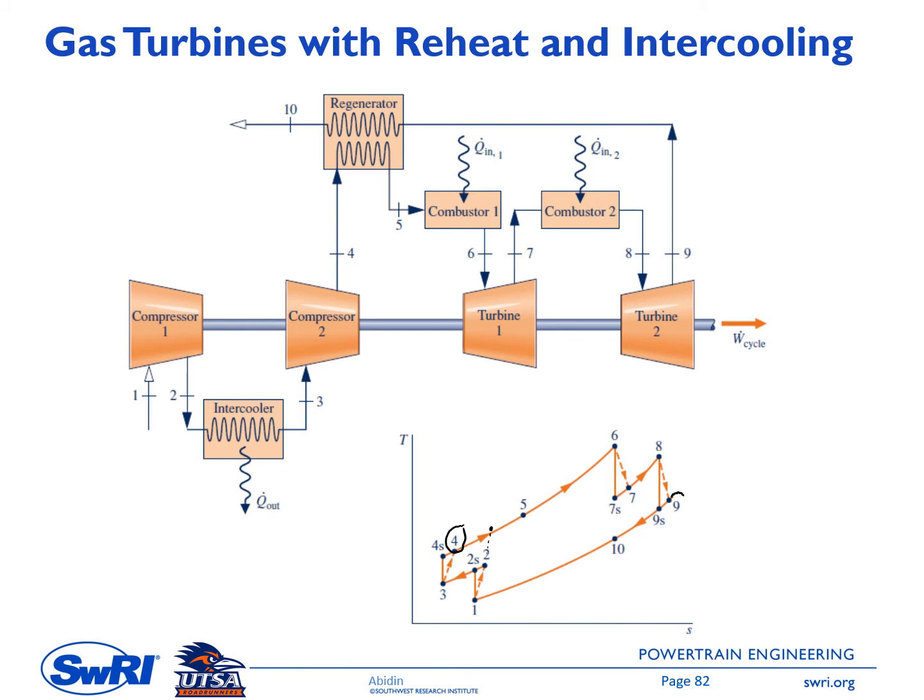So it will be at 9 here instead of 10. So you can see that at the entrance of the regenerator from the hot stream side, the temperature is higher, and at the entrance to the regenerator from the cold stream side, the temperature is colder. So we have a larger delta T between the hot stream and the cold stream. Therefore, the potential for regeneration is enhanced.